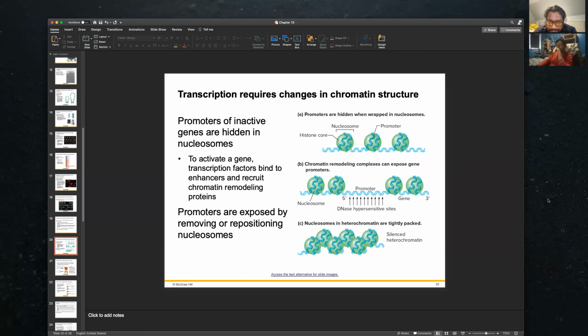You see where that promoter is now in B, it's exposed, and things can attach to it and turn it into RNA, which means it turns into its actual gene product. And heterochromatin is really tightly packed, so we can also say the genes there are silenced.